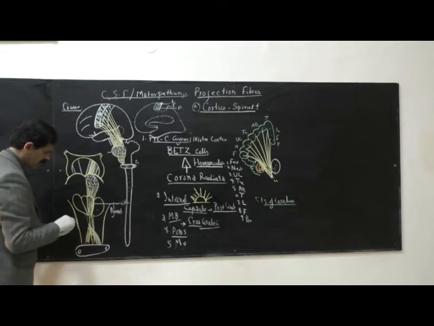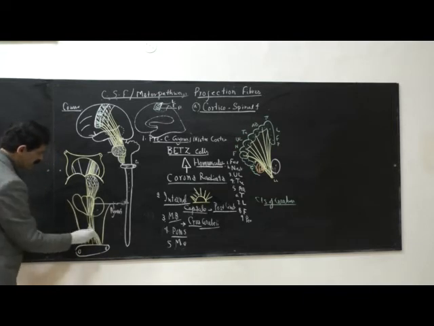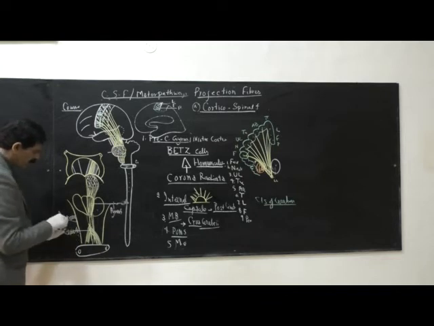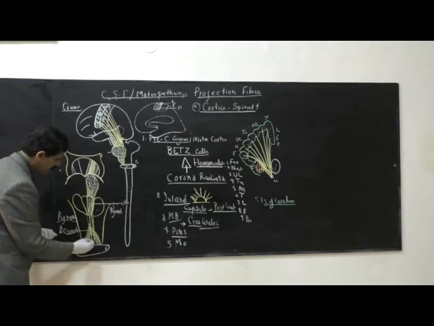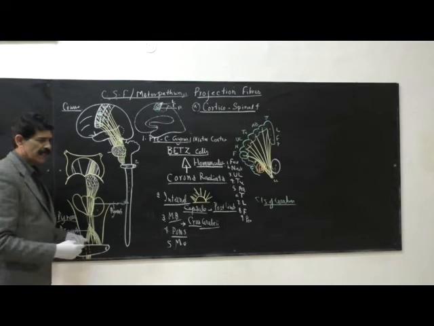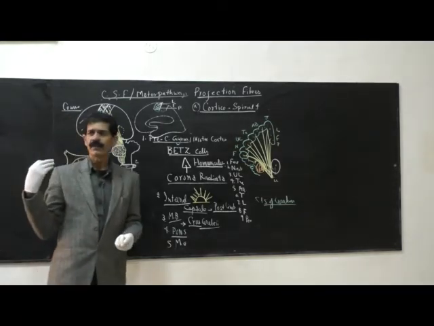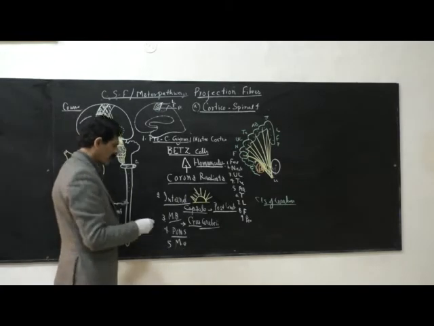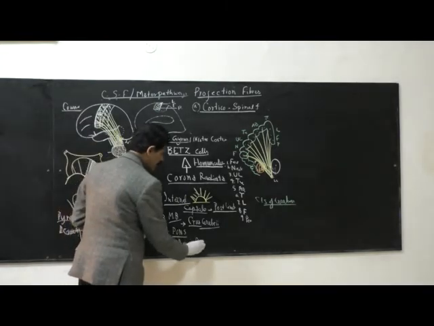This crossing is labeled as the pyramidal decussation. After that, the 80% of the fibers descend on the opposite side. And this is the reason why the right side of the cerebrum controls the left half of the body. So at the medulla oblongata, pyramidal decussation occurs.